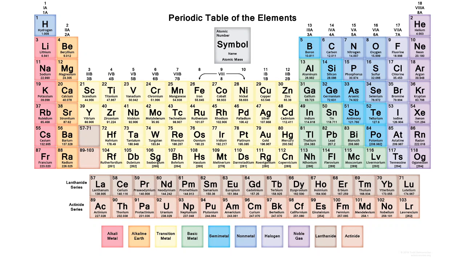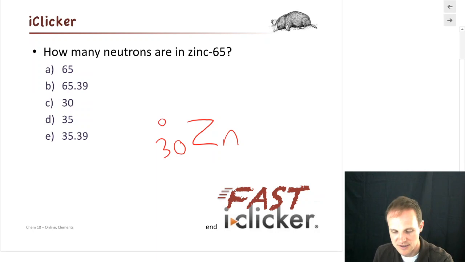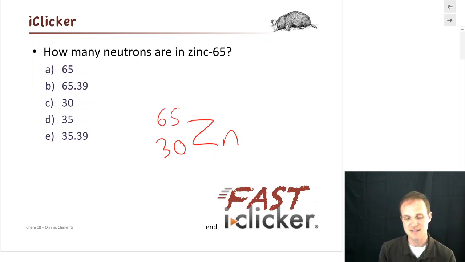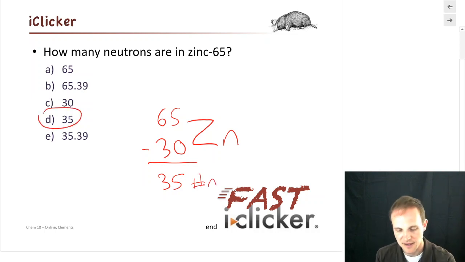It's the top right of the yellow ones, and it's got a 30 on it. So we're going to put a 30 down here. We always put the atomic number on the lower part. We're going to put a 65 up here. And the nice thing is, if you look at this, it's kind of set up for you like a subtraction problem already. We take 65 minus 30, we get 35 as our number of neutrons, and our answer right there is 35.